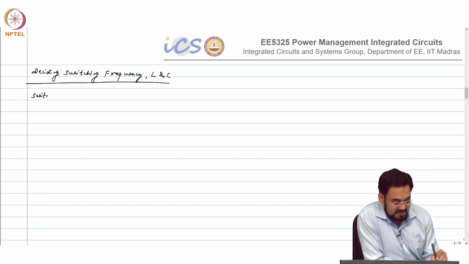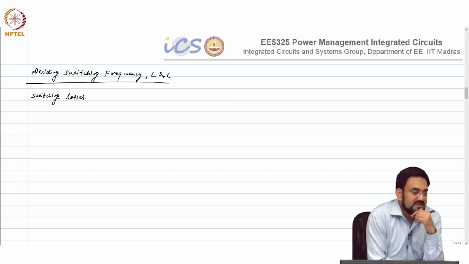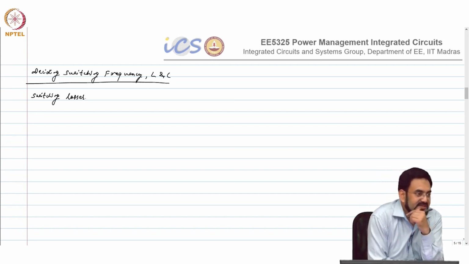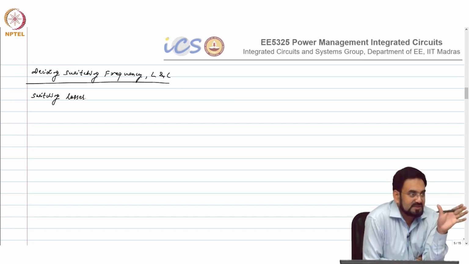So switching losses, when do switching losses dominate? We discussed this, at light load. And we are looking at 90% at full load. What does it mean? Out of 10% loss, switching losses should be negligible. You should try to keep it less than 1% or so.